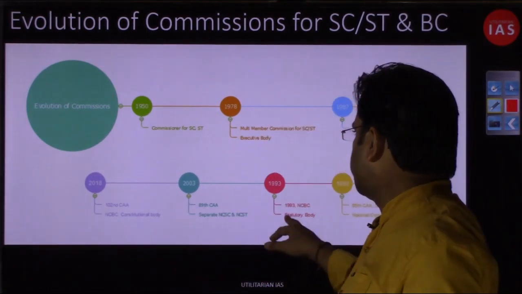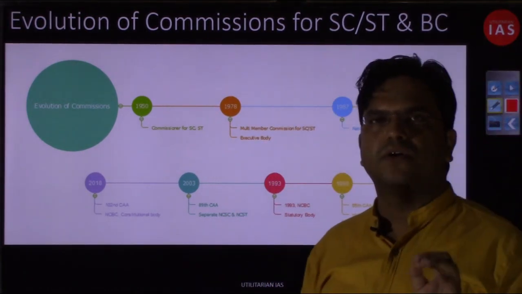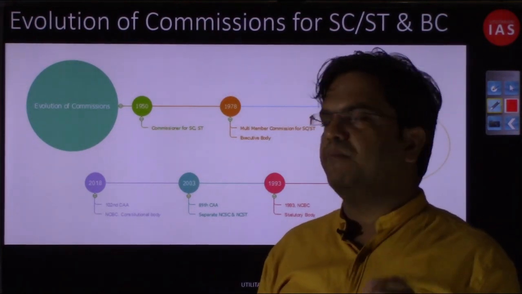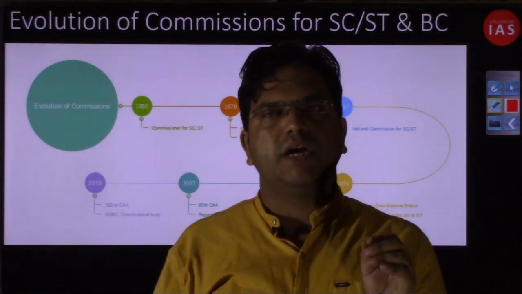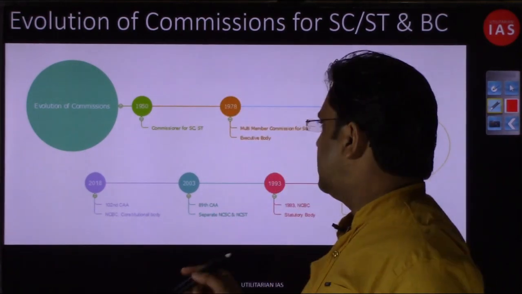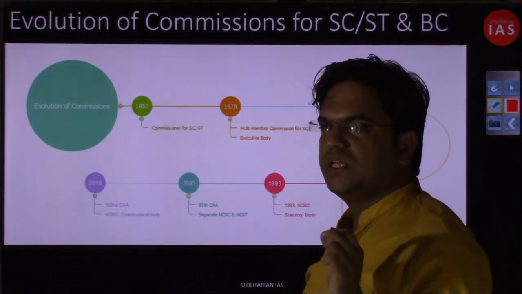For that purpose, a body called the National Commission on Backward Classes was created, and because it was created by a parliamentary act in 1993, it was given statutory status.